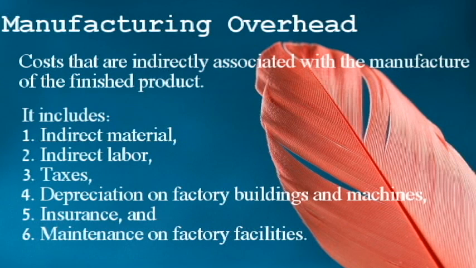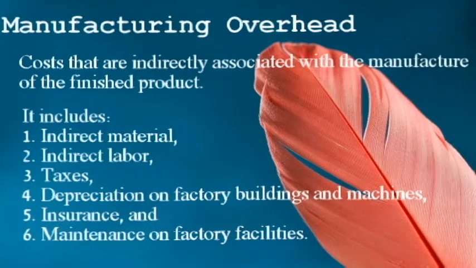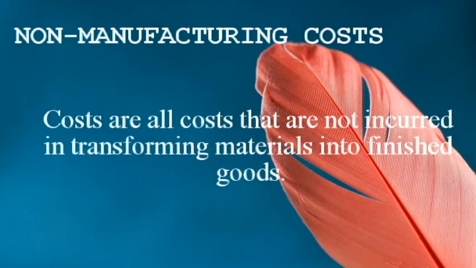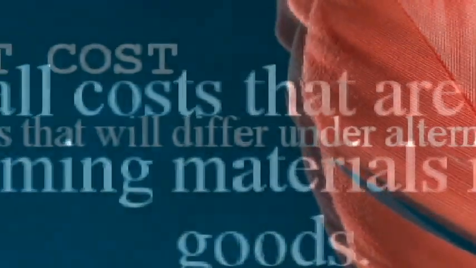It includes indirect material, indirect labor, taxes, depreciation on factory buildings and machines, insurance, and maintenance on factory facilities. Non-manufacturing costs are all costs that are not incurred in transforming materials into finished goods.